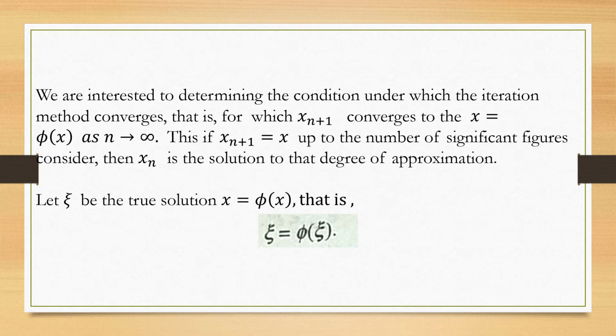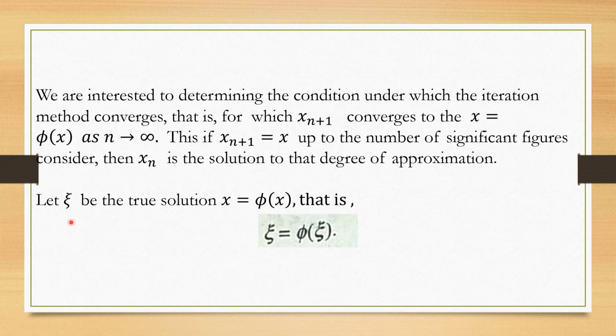x(n+1) is a sequence which can be generated by taking different values at each step for n. While x = phi(x) is the actual solution, x(n+1) converges to x as n approaches infinity. That is, if x(n+1) is equal to x up to the number of significant figures, consider that x(n) is the solution to that degree of approximation.